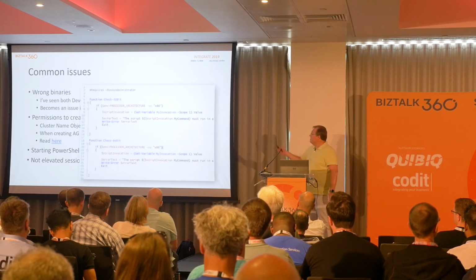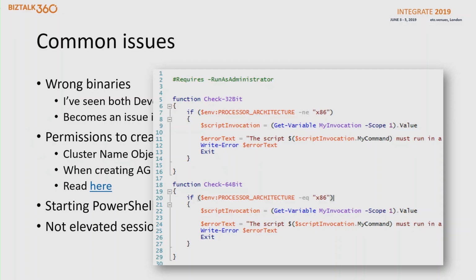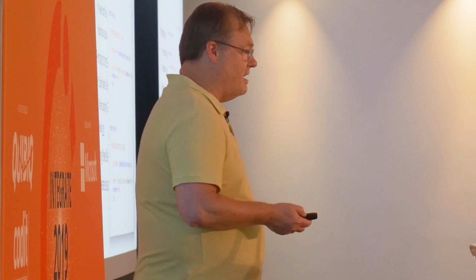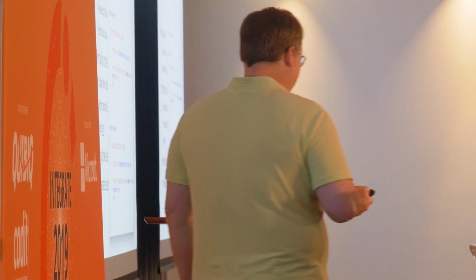So you have the requires run as administrator on top of this. That will prevent you from starting the script if you're not in an elevated session. So that is good. And then you could write small checks, like check 32-bit and check 64-bit, and stop the script. I generally have these two on all my scripts to check and stop before I do anything. And of course, I created them because I did wrong.